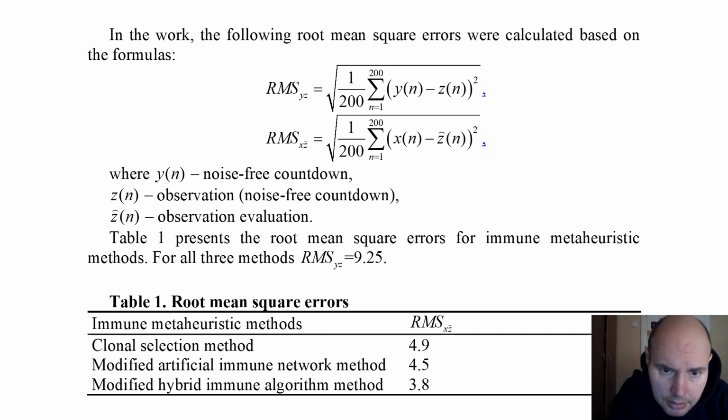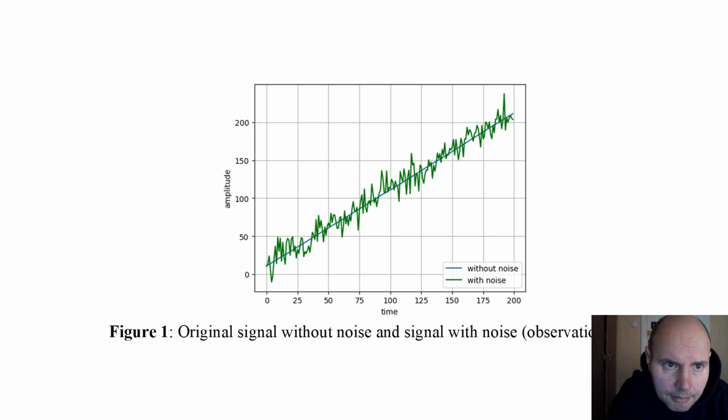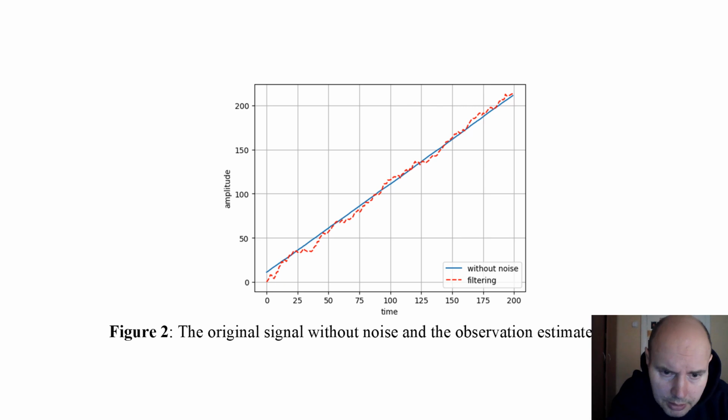Table 1 presents the root mean square errors for immune meta-heuristic methods: clonal selection method, modified artificial immune network method, modified hybrid immune algorithm method. Original signal without noise and signal with noise. The original signal without noise and the observation estimate.